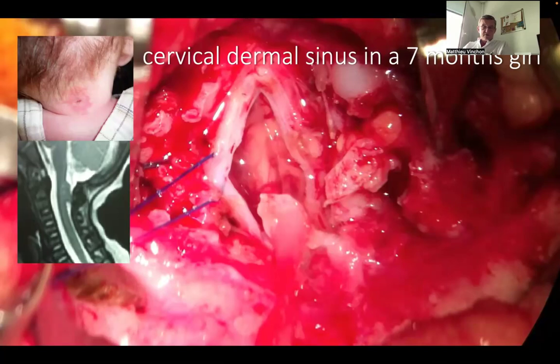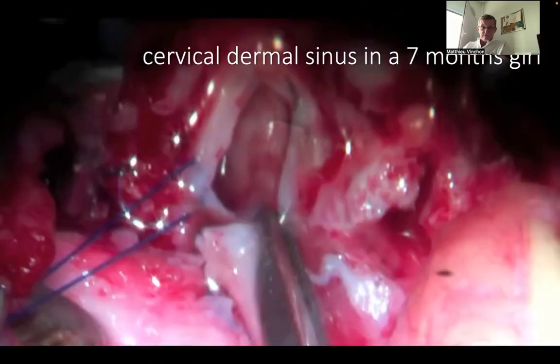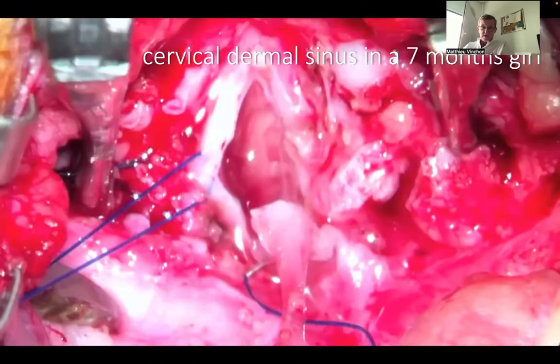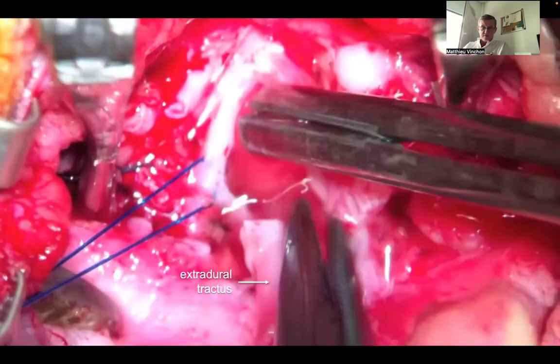This is another example in a cervical lesion in a baby operated at 7 months. She had an extension of the sinus to the medullary cervical junction. And now you see we have opened the dura. We are exposing the extradural tractus.